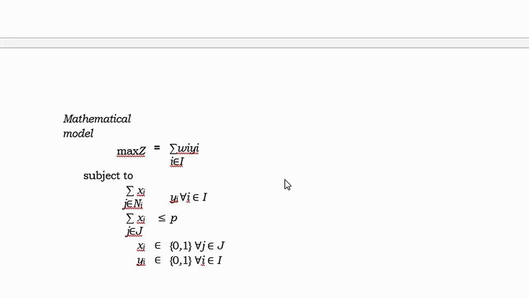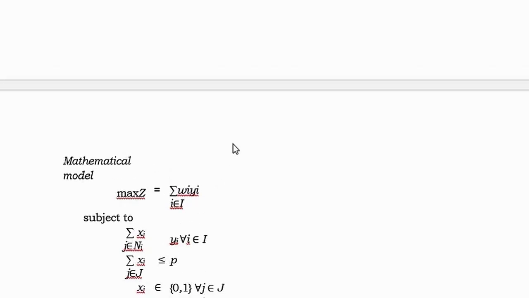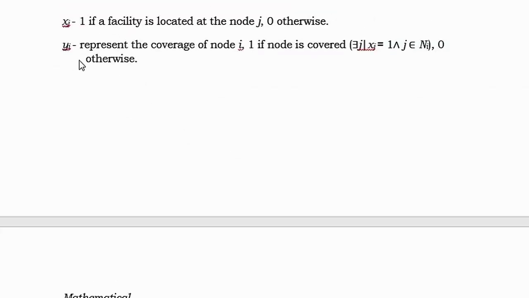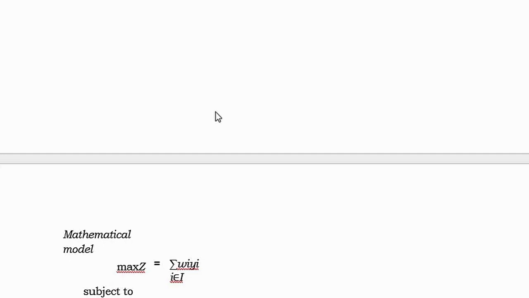We're trying to maximize the demand W sub I multiplied by the decision variable y sub I. This y sub I is equal to 1 if node I is covered by at least one facility and 0 otherwise. So we have this new decision variable y sub I in the objective function.